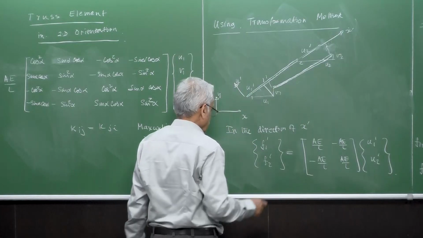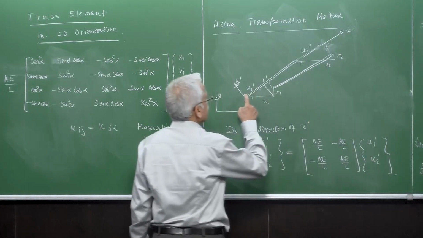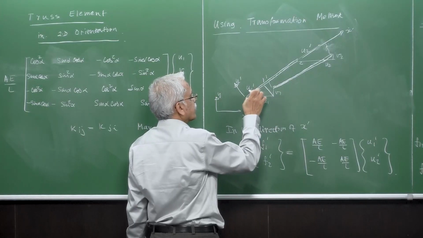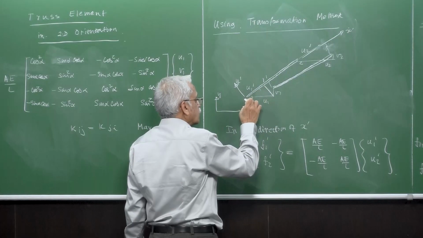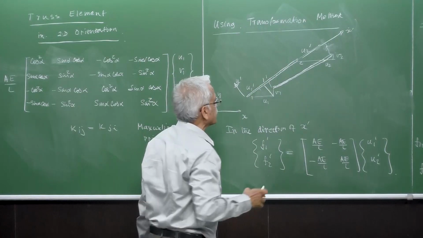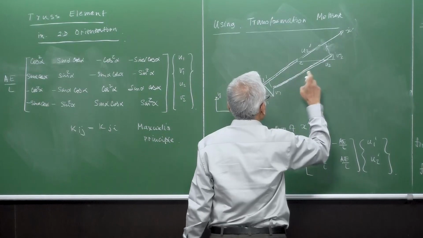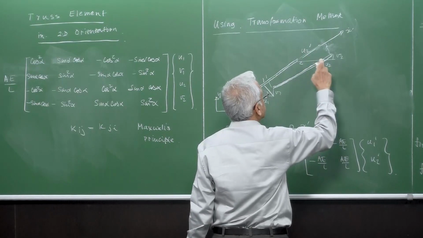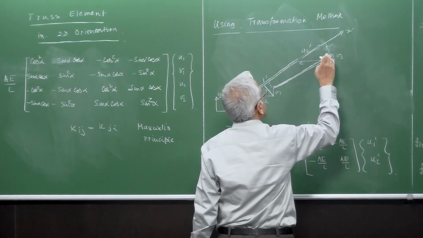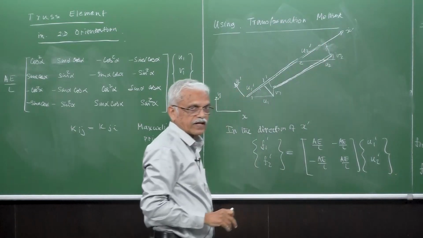U1 prime is the deformation of node 1 in the direction of the axis of the element. Similarly, U2 prime is the deformation of node 2 in the direction of x prime.